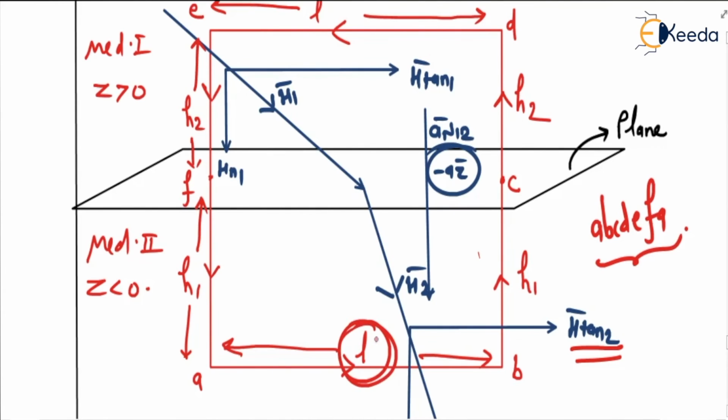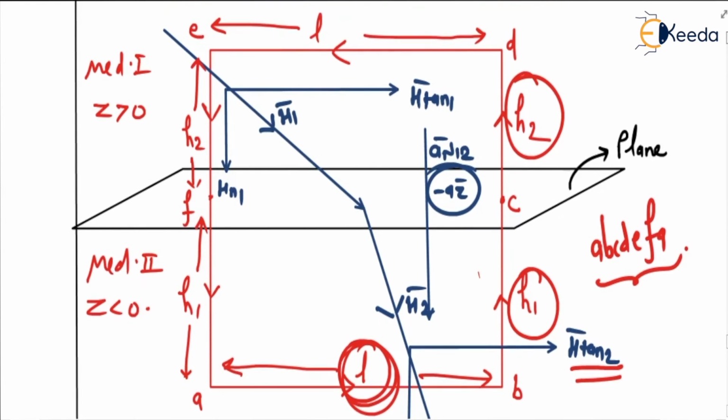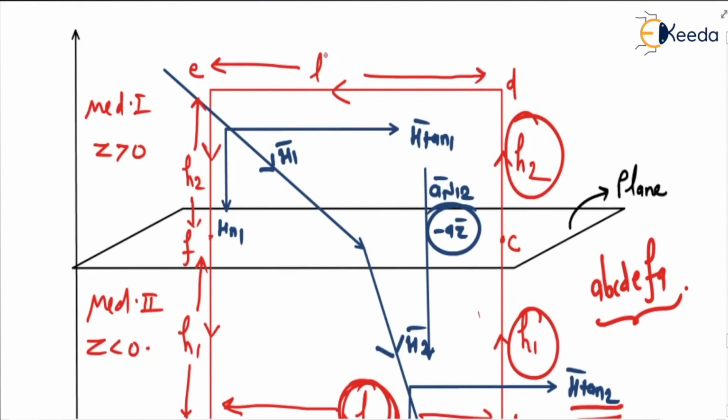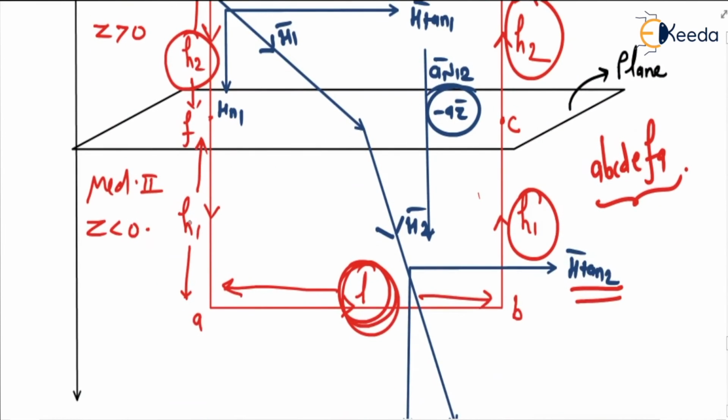The length of AB is L, BC is h1, CD is h2, DE is L, EF is h2, and the length of FA is h1.